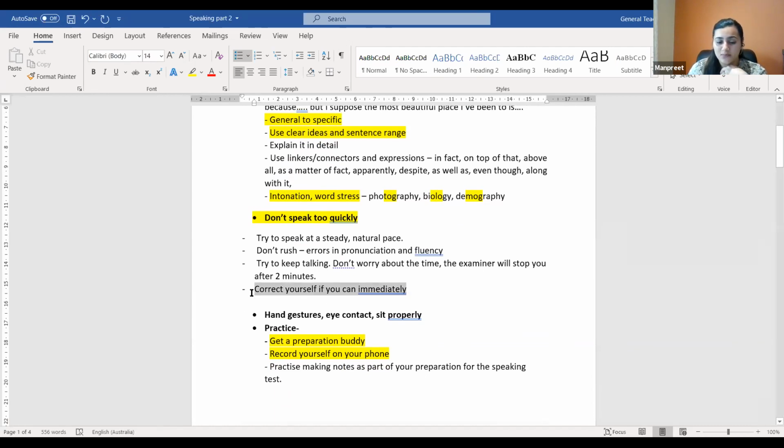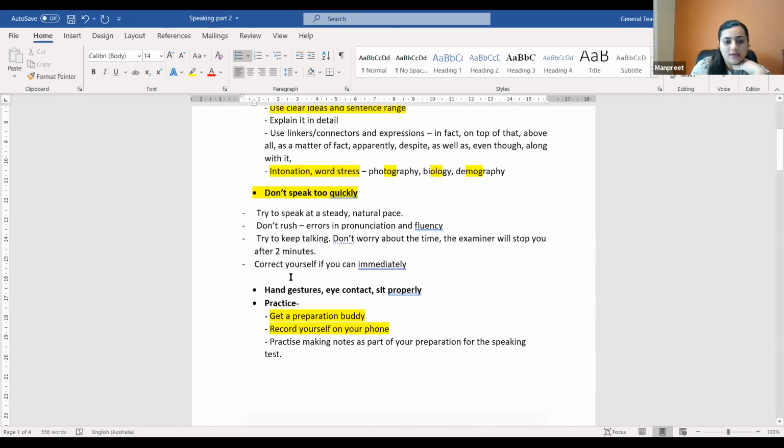Don't leave the errors there. You can do this, it's not wrong. If you feel you can correct yourself, just do it straight away. You don't have to say anything, just repeat the sentence and say the correct version of it. Okay, and the next thing is your hand gestures.